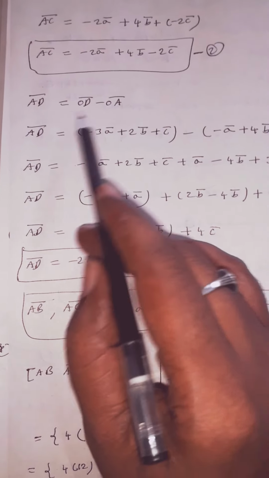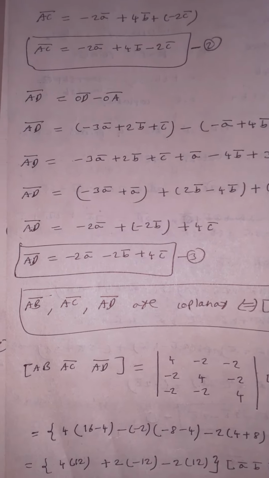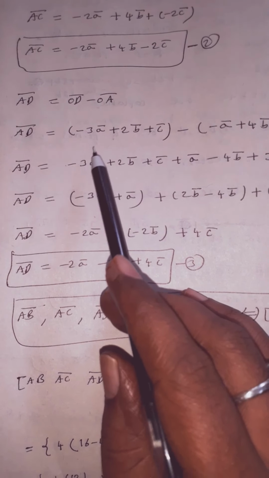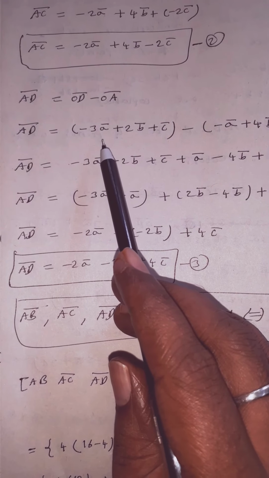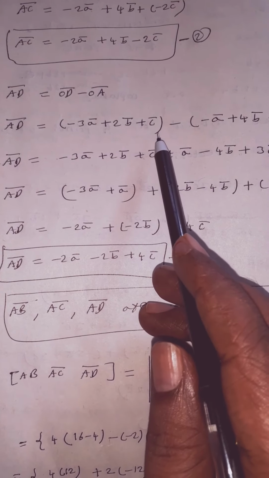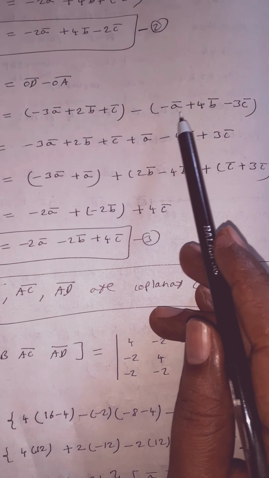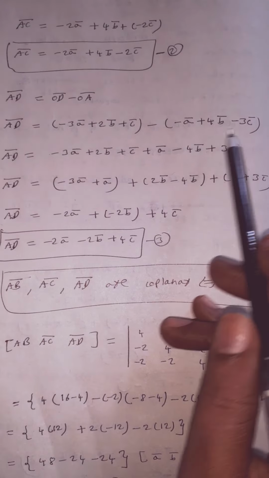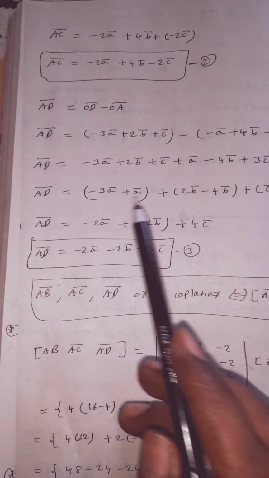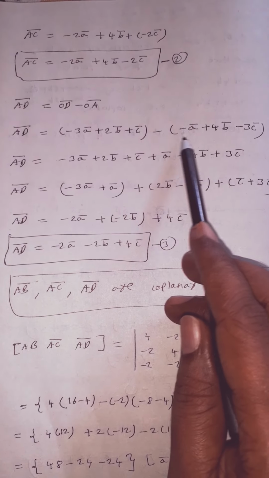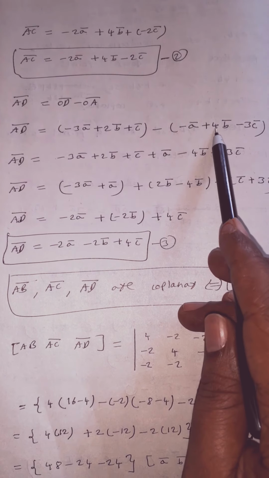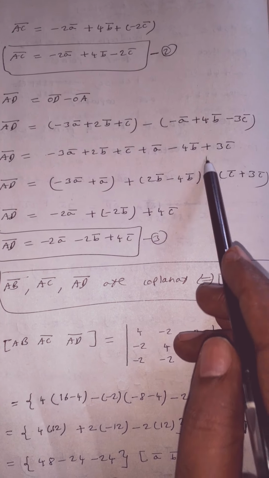Next AD bar. AD bar means OD bar minus OA bar, children. So the OD value is given as how much? OD bar means minus 3a bar plus 2b bar plus c bar. Minus OA bar is given as how much? Minus a bar plus 4b bar minus 3c bar. Write the first three terms as it is, children. Send the minus inside: minus into minus is plus, minus into plus is minus, minus into minus is plus.